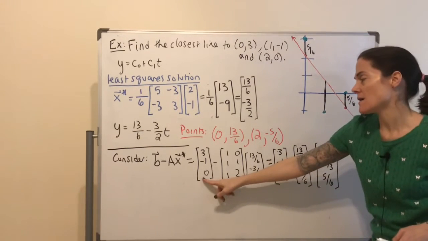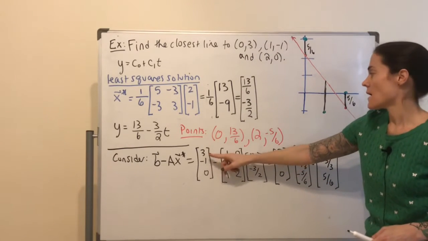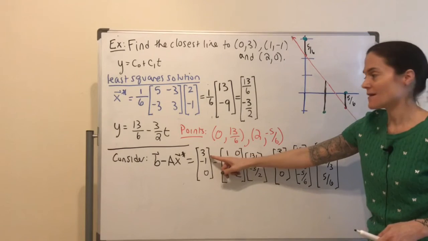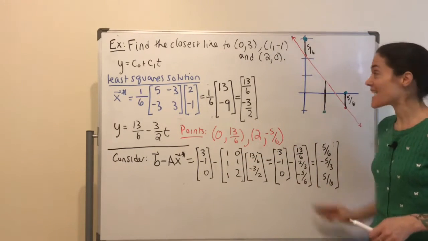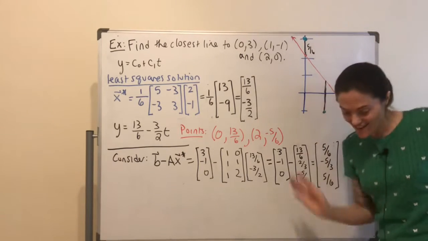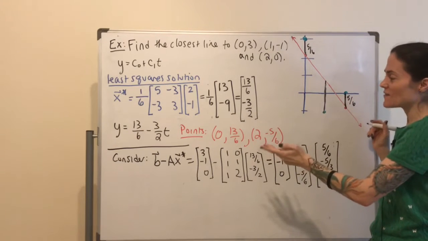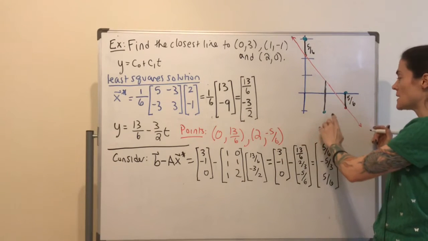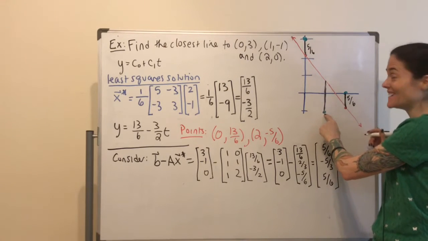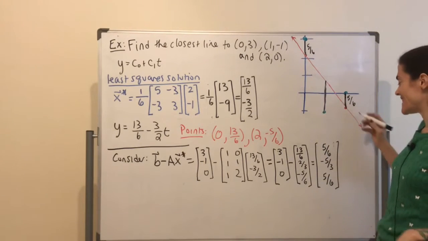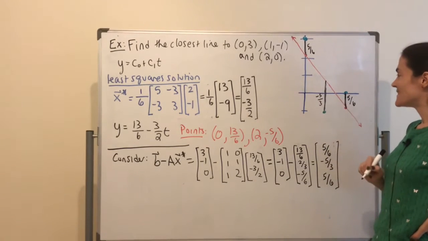Because it's b minus A x star, and this is the y values of b, and this one is the y values of A x star. So this difference is negative because for that point, the y value of b is less than here. So this is what corresponds to the negative 5/3.